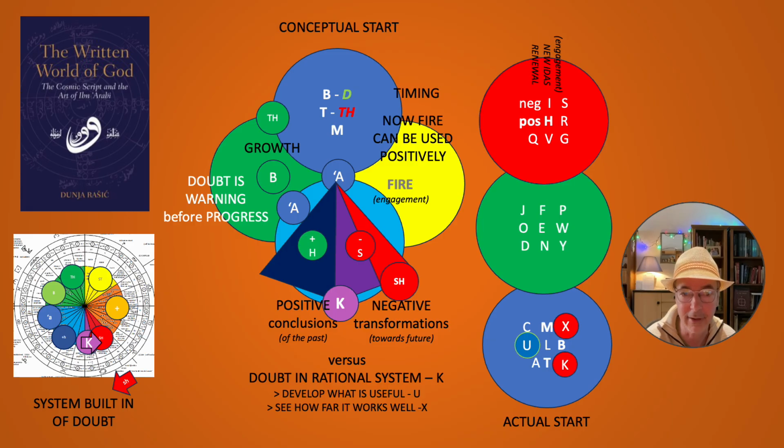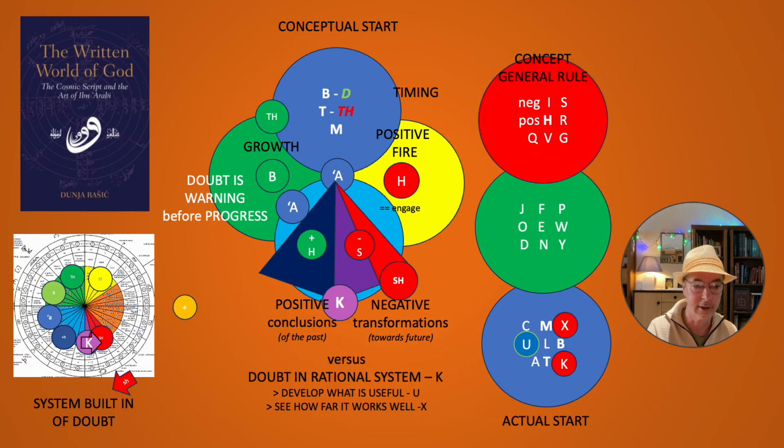So after the T, the distinction with TH, you have the idea that fire can be used positively only when we deal with these warnings and these ideas, what is good physically and what is good spiritually in your mindset. If you know what will work on that level, you can do something with it. And that's the D which will follow after that.